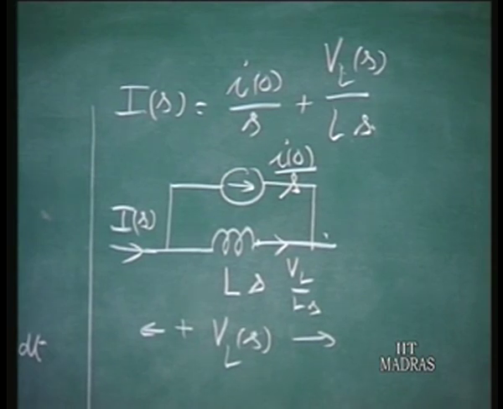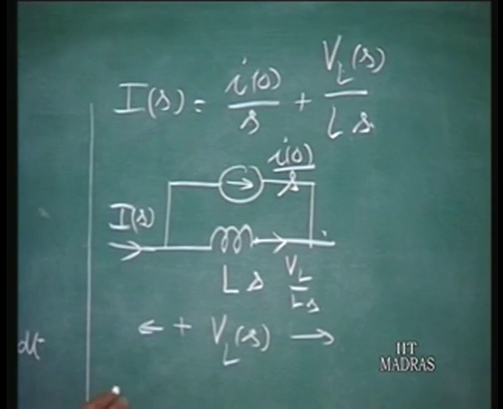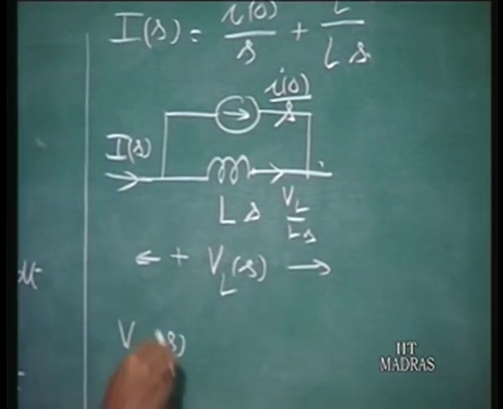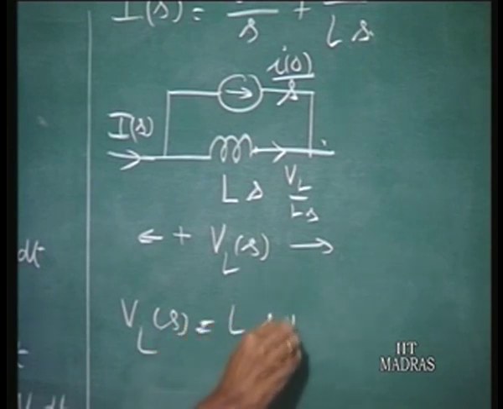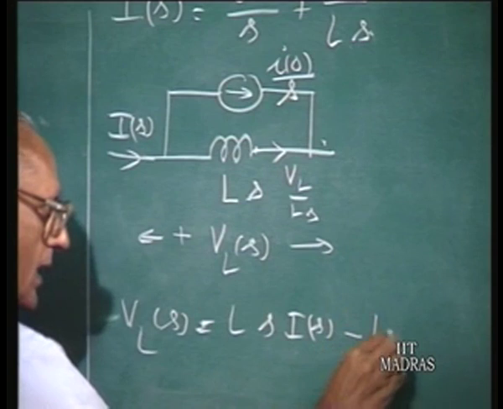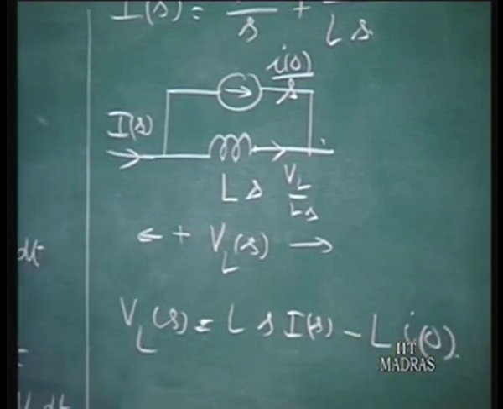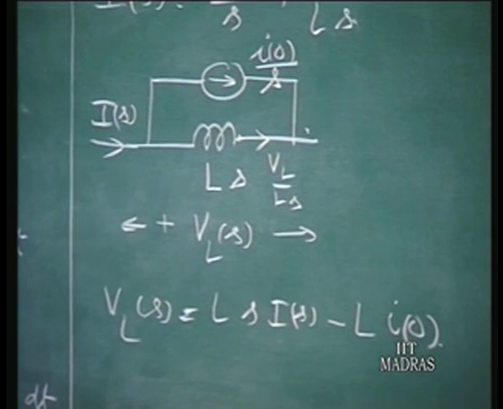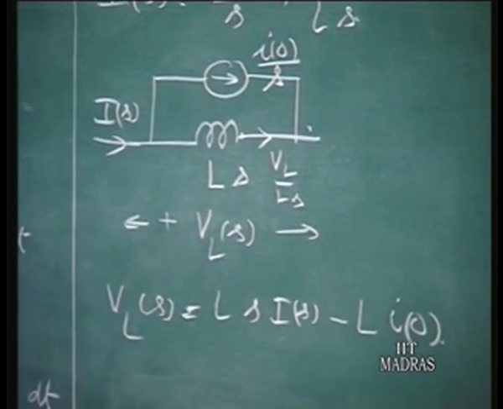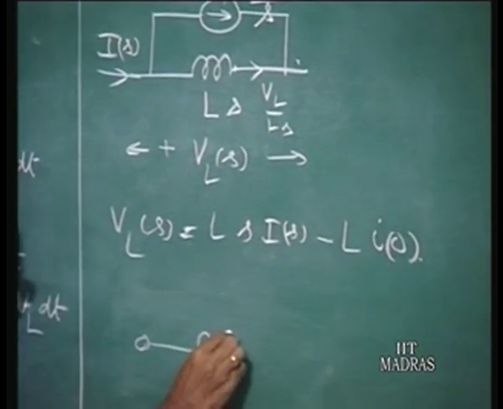Now, on the other hand, if you like to express VL(s) in terms of I(s), I can write this as VL(s) equals, from the same equation, Ls times I(s) minus L times I0. So this equation lends itself to an interpretation in the transform diagram in this manner.